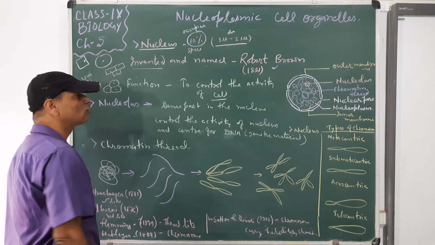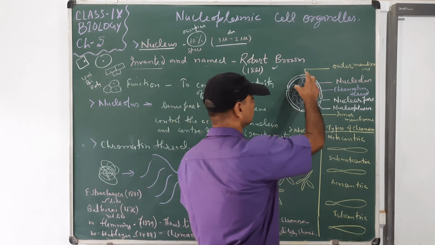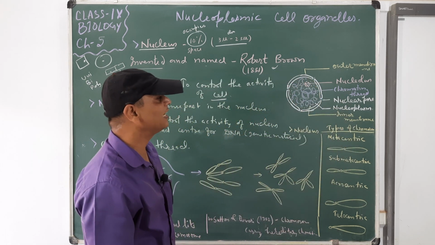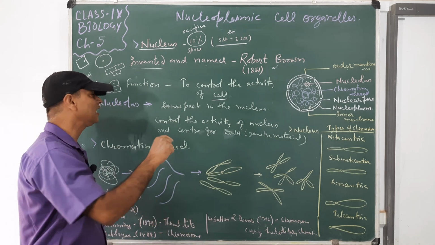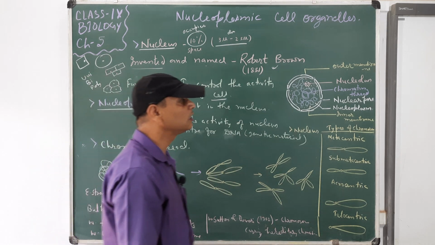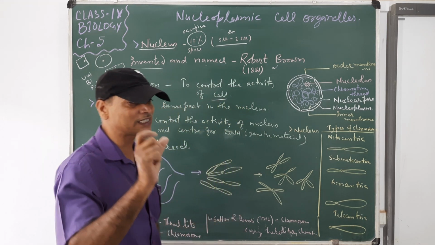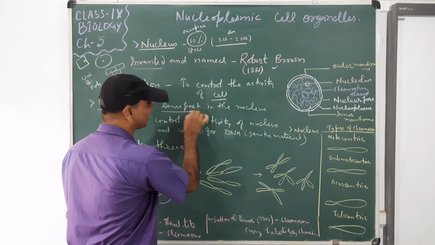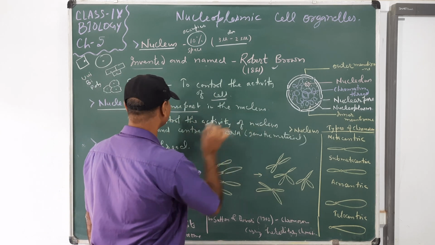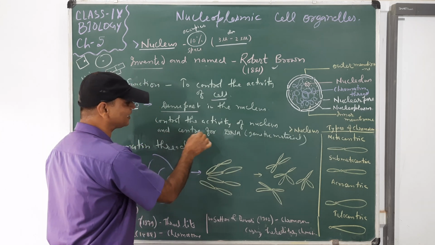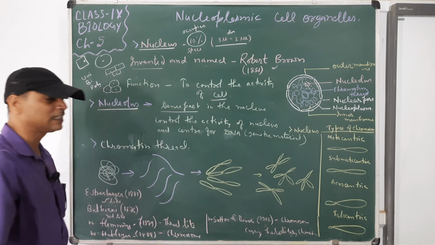Inside the nucleus there is nucleoplasm, the liquid part, and in nucleoplasm there is the more dense part, that is the nucleolus. The nucleolus is a dense part in the nucleus. It controls the activity of the nucleus, and is the center where DNA, the genetic material, is kept.